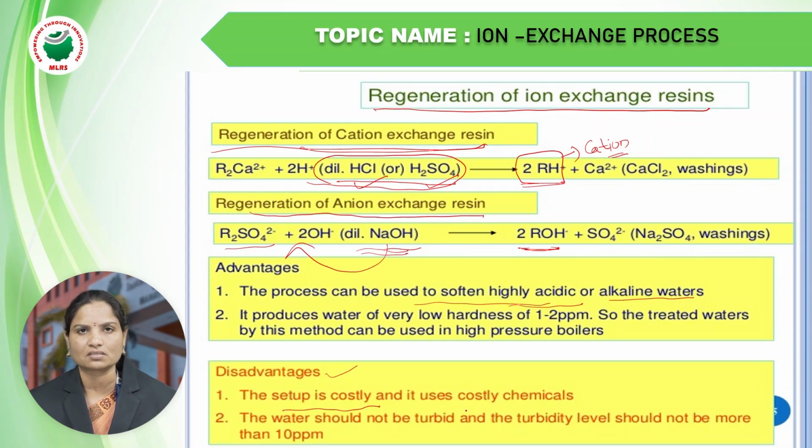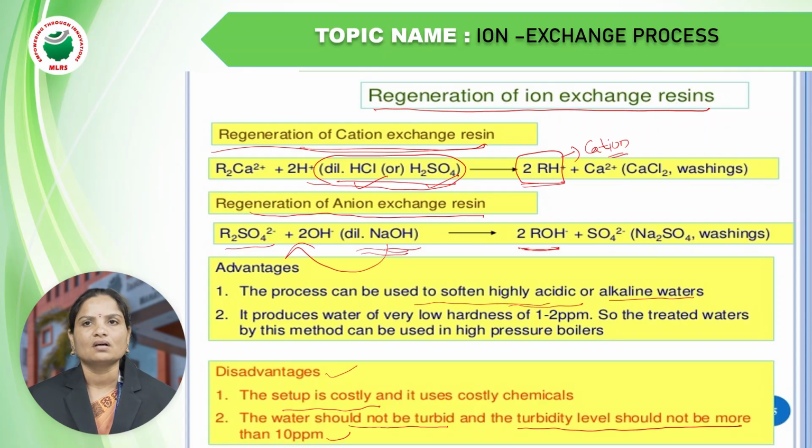Hence we regenerate the anion and cation exchange resins with the help of acidic and basic agents. And the water should not be turbid; the turbidity level should not be more than 10 ppm. This is also one of the disadvantages of the ion exchange process.